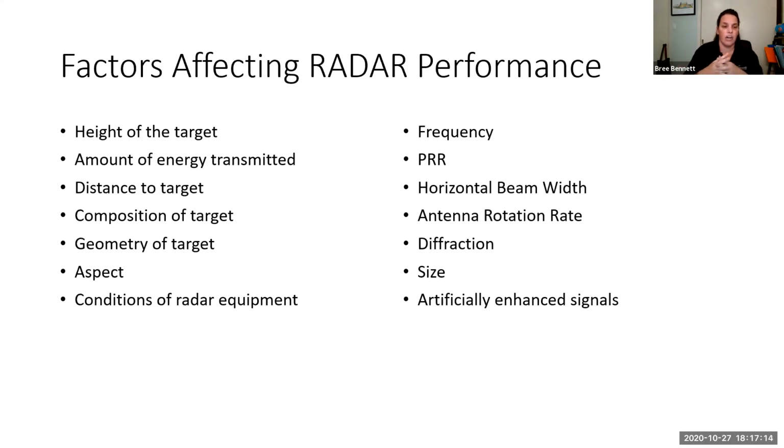All those things can help, but we just want to be aware, because some of these factors can affect basically our minimum and maximum distance that we can see with our radar. Even if we have it set to 24 miles, can the radar really see 24 miles? Maybe, maybe not.